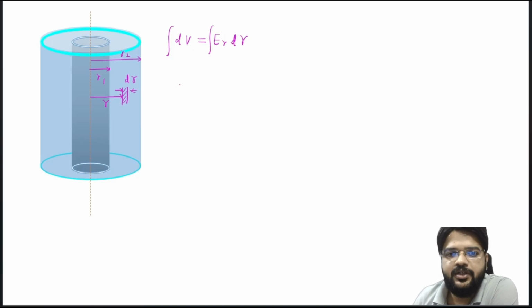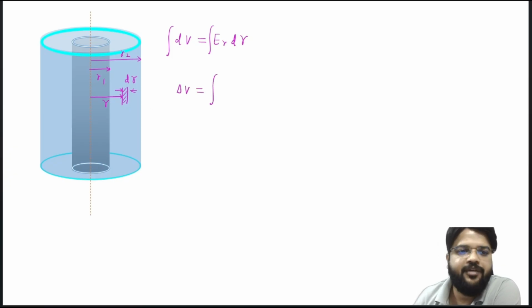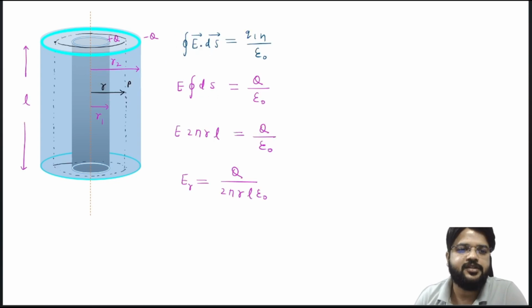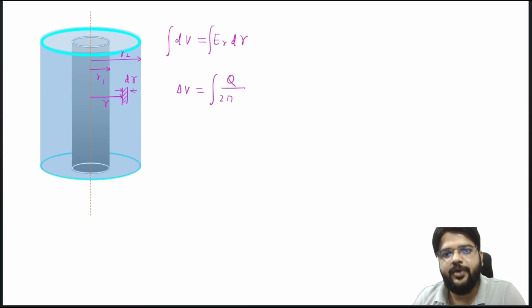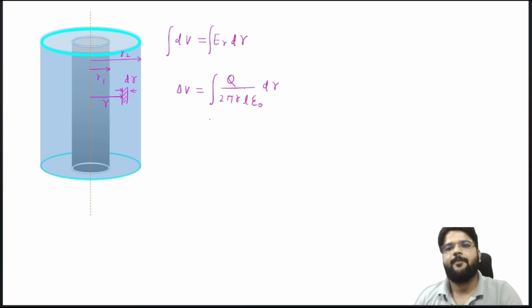Integration of dV is del V, and E(R) we already have. It is Q by 2 pi R L epsilon naught, times dr. This we will get.